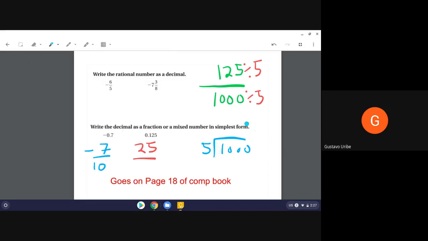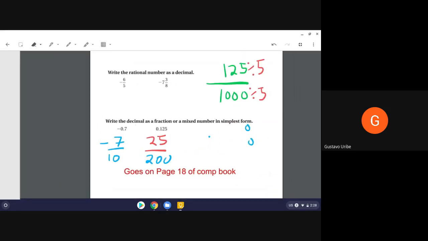All right, well, how many times does 5 go into 1? Doesn't. 5 go into 10. 2 times. 5 go into 0. Right here, 5 go into 0. So I get 25 over 200.